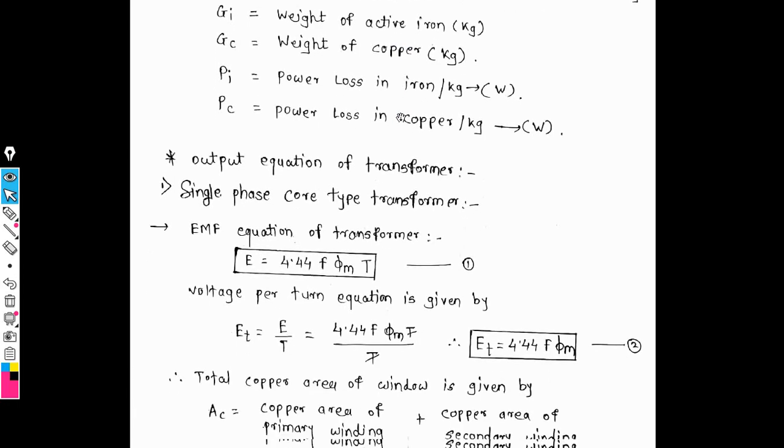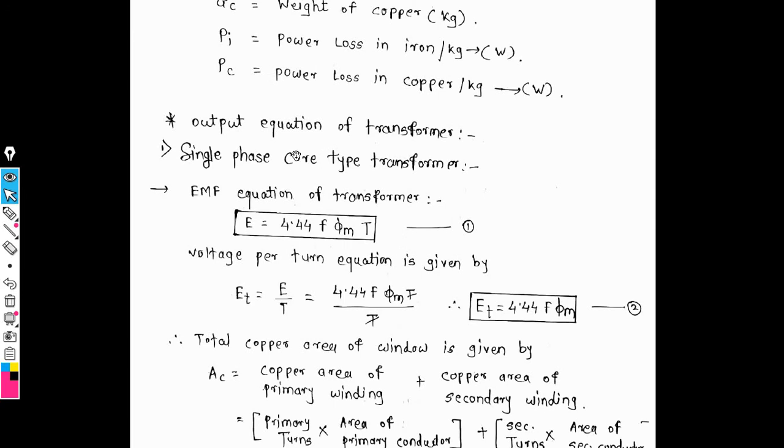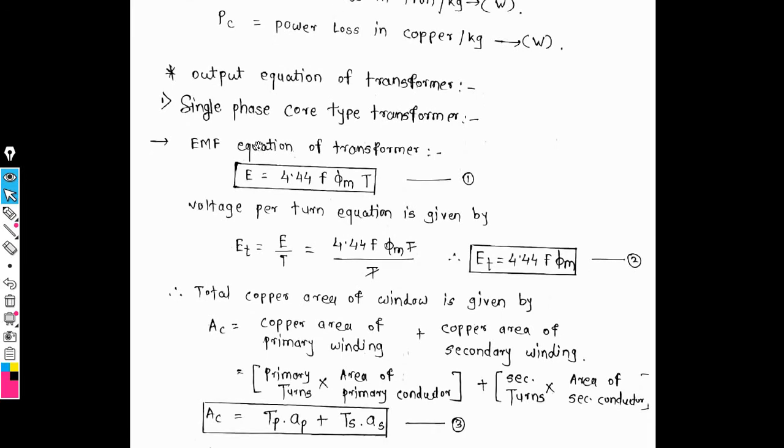Now go to the single phase transformer, then the output equation of the single phase core type transformer. The first point is the output equation of the transformer in unit number 2. We have to consider a single phase transformer, in which we consider the core type transformer.